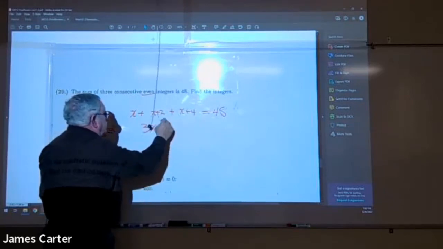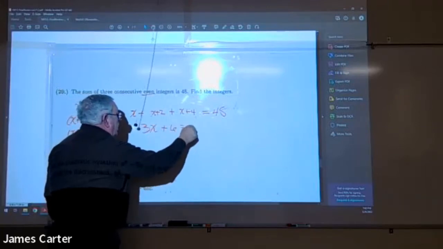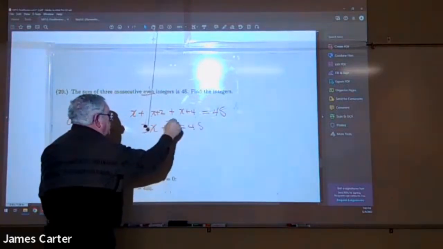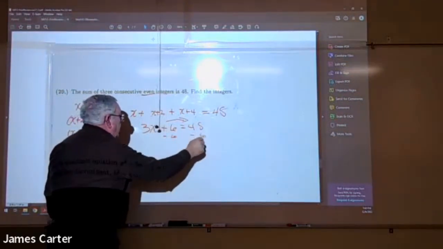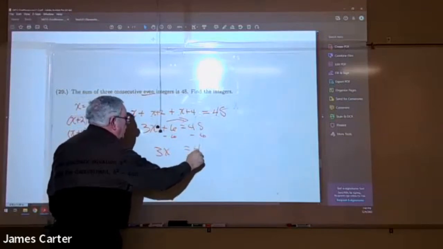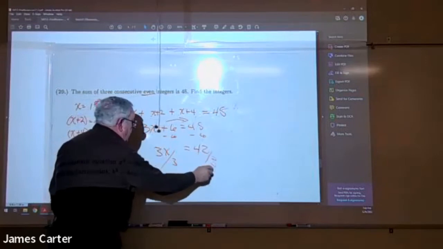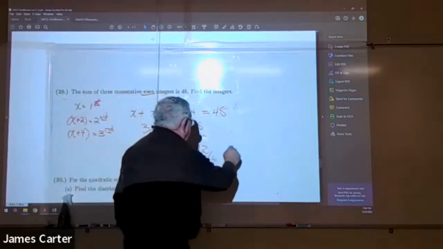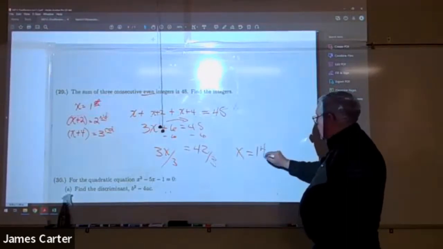Let's add all the numbers together. 2, 6. Let's take the 6 over to the other side. Let's divide by 3 on both sides. And we get x equals 14.